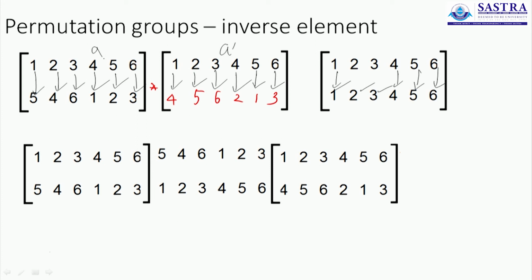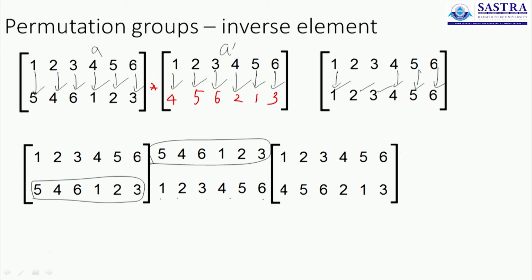I am not guessing it blindly. There is a small trick that you can use to identify this inverse element, and that's what I am going to explain next. The strategy is to repeat whatever you had on the top. So A had 5, 4, 6, 1, 2, 3 at the bottom. I will repeat it at the top, and I will write 1, 2, 3, 4, 5, 6 as needed.